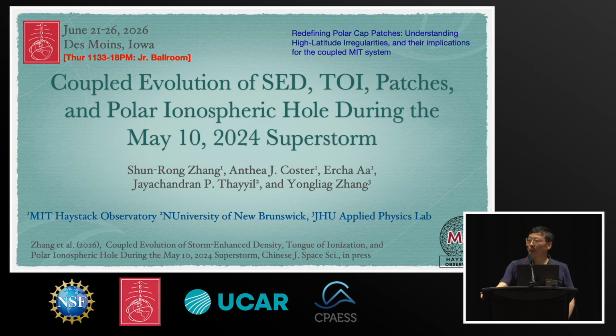Okay, great. Actually, I have six or seven slides, so probably I don't need that much time. In the last 2 years at the patch session, I have been talking about transpolar TIDs, and those TIDs are propagating anti-sunward, not like what Chinyu was talking about, which is also transpolar but from dusk side to dawn side or the other way.